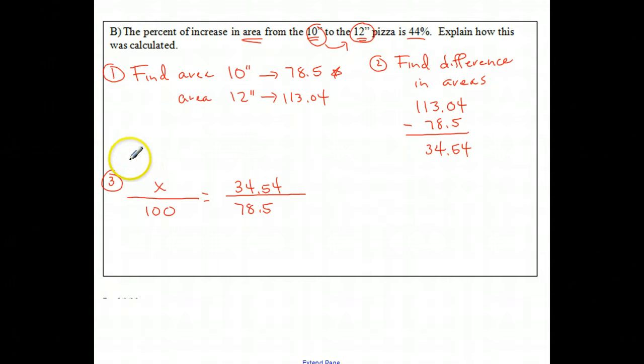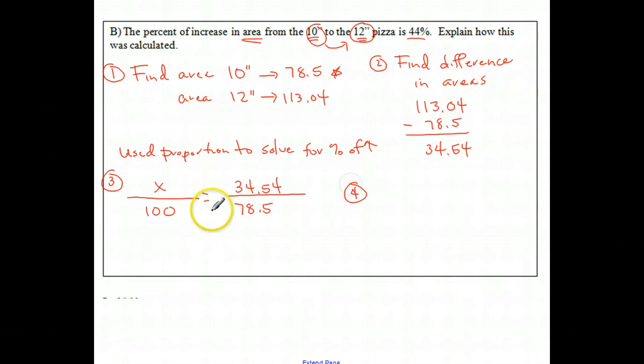So step 3 would really be to set up the proportion to solve for the percent. I would say maybe used proportion to solve for percent of increase. The fourth thing I'm going to do is set up my cross products to solve for x. 34.54 times 100 is equal to 78.5x.